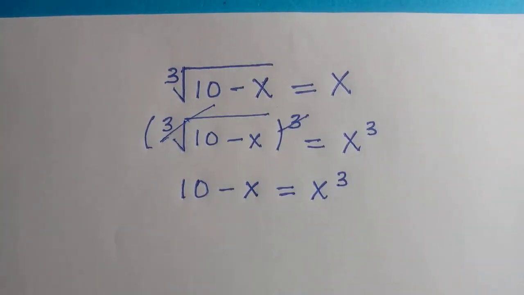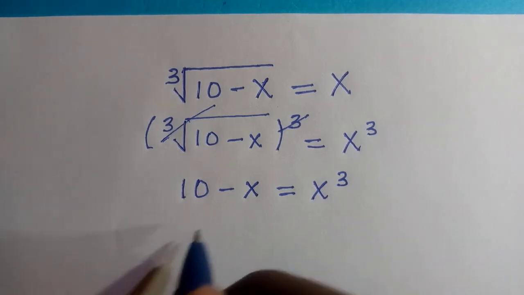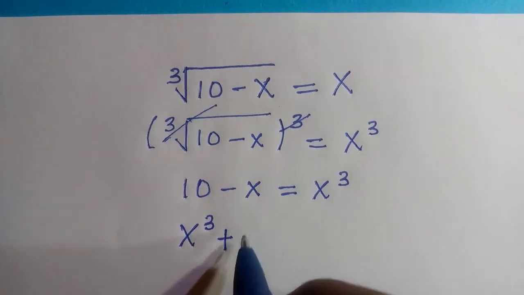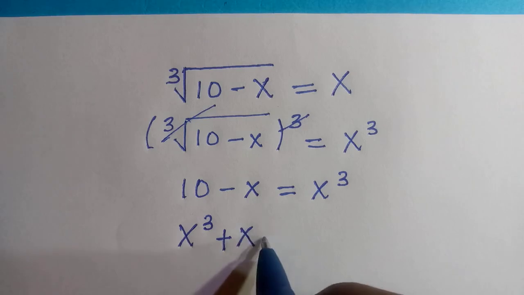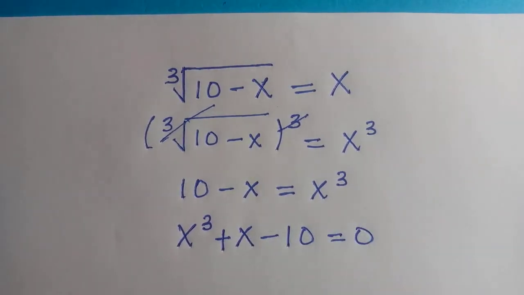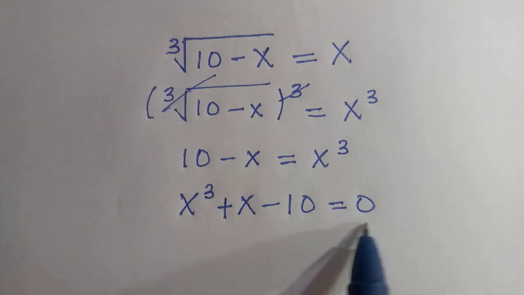So having this, we arrange it by taking the whole of this here. Then we have x to the power of 3. When this comes over, it becomes plus x, and this becomes minus 10 equals 0. So here is x cubed plus x minus 10 equals 0.